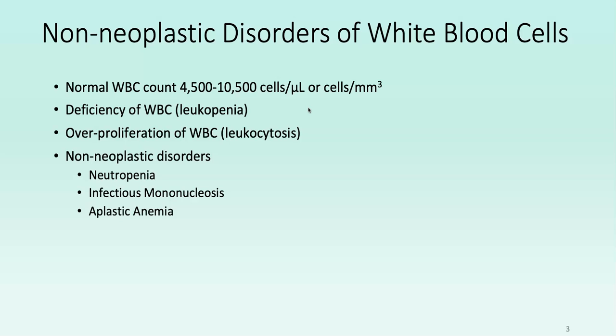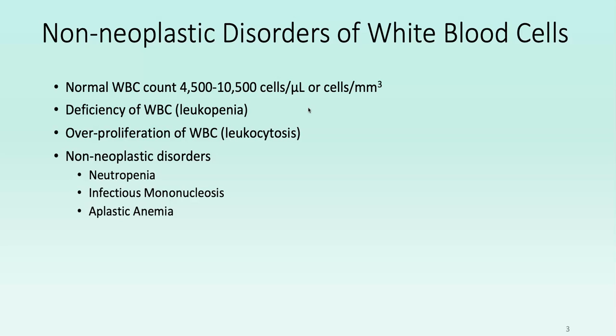Now, the white blood cell disorders that are covered in this presentation are related to the blood cells themselves and not any infectious process. Of course, we have to have one exception, which is infectious mononucleosis.